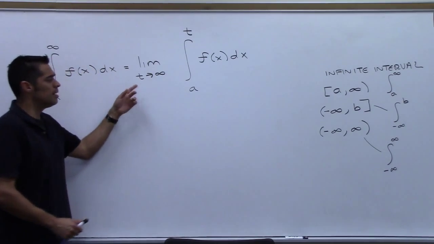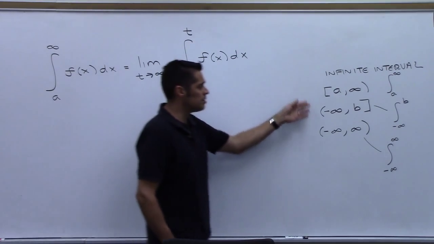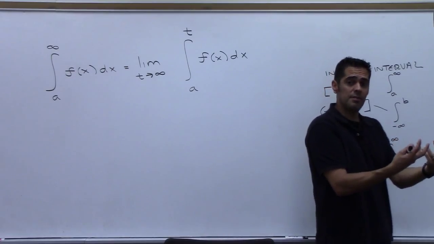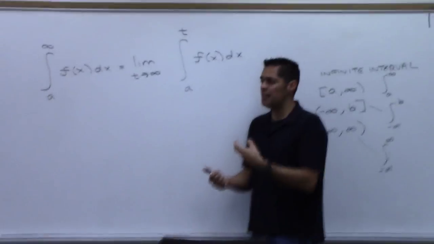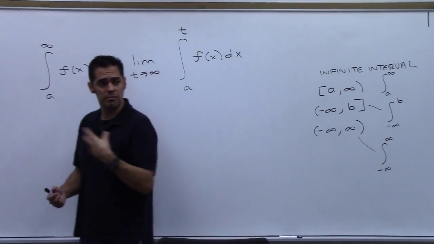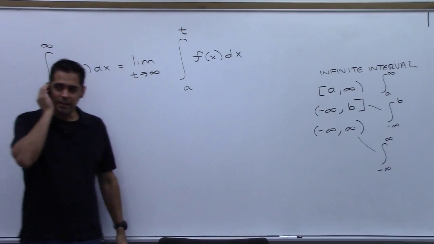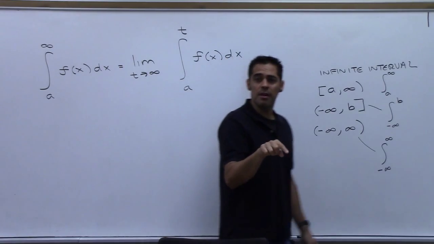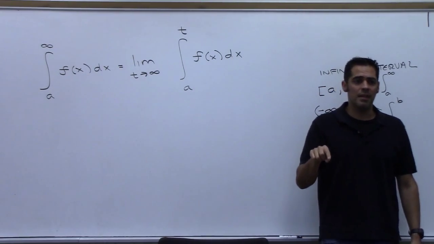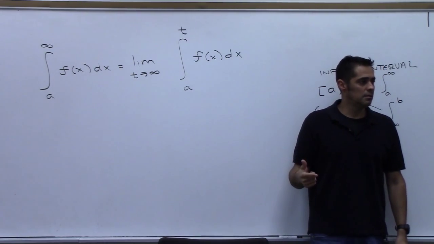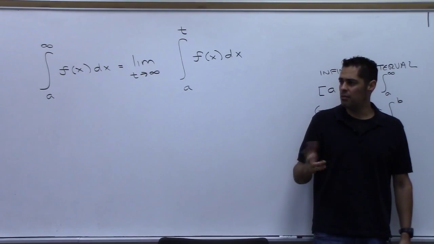Because both of these integrals involve limits, from Cal 1, do you remember the idea that a limit could converge or diverge? Converge meant that it went to a number. Diverge meant that it did not. Those were the two things.